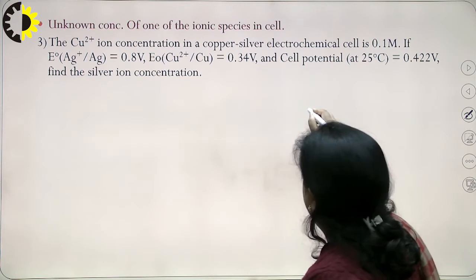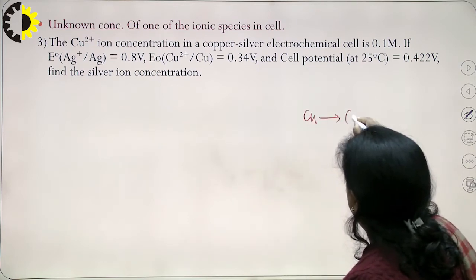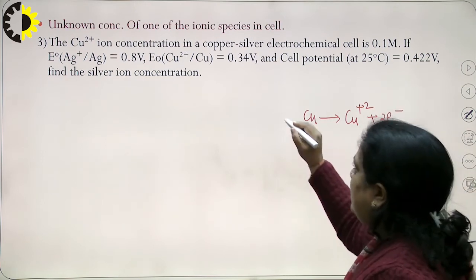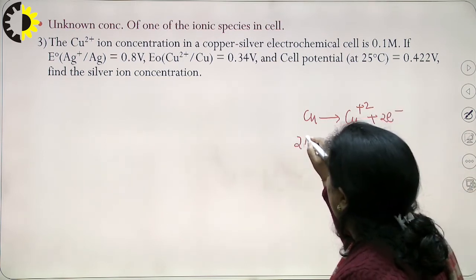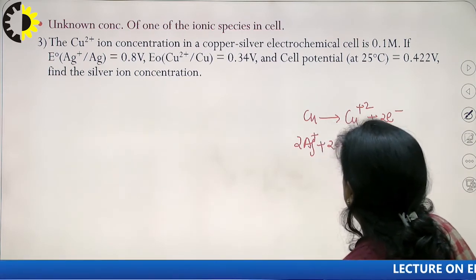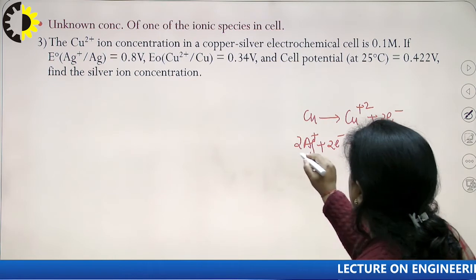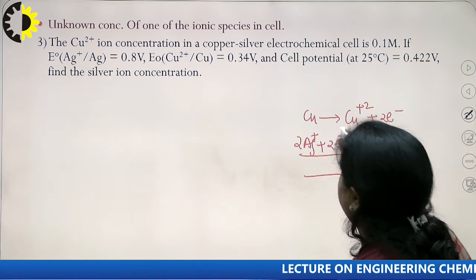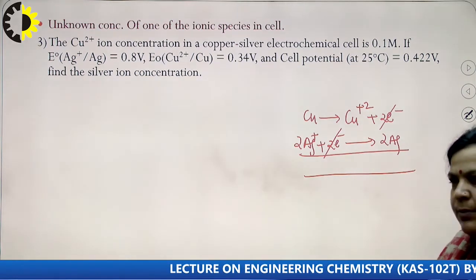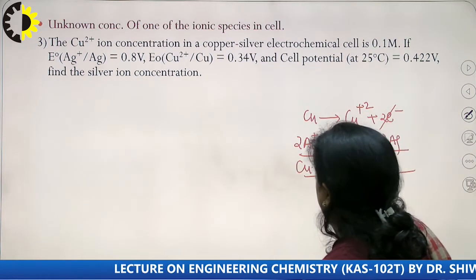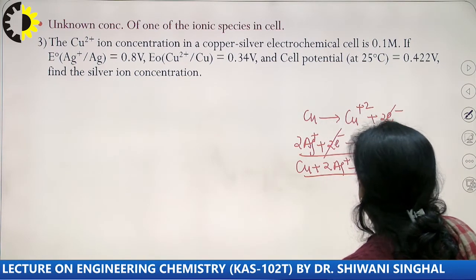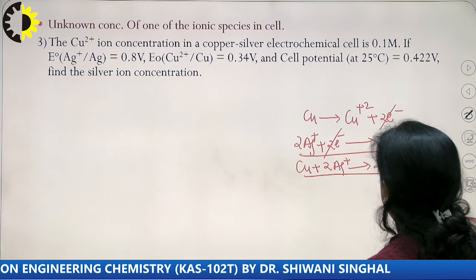Copper gives copper plus 2 electron, that is anode, and the second reaction we can directly write: 2 Ag plus 2 electron gives 2 Ag. Now, for the overall reaction, especially when we have to find what is the reactant and what is the product, it is the simplest way to find the reactant as well as product.